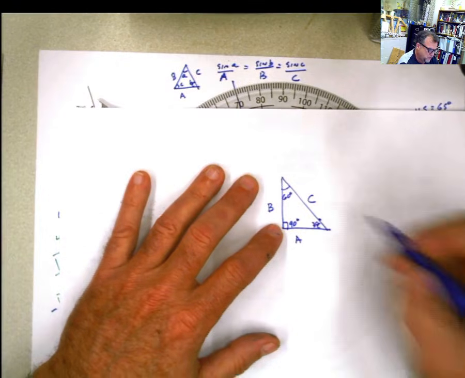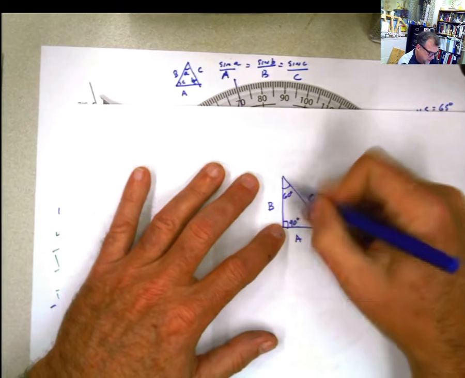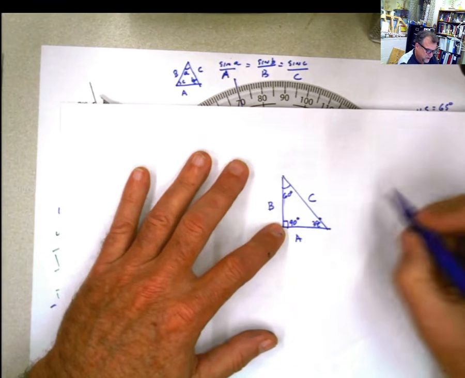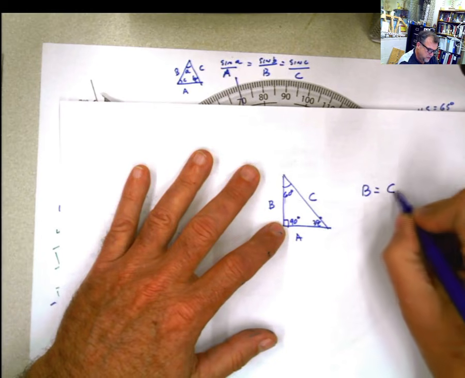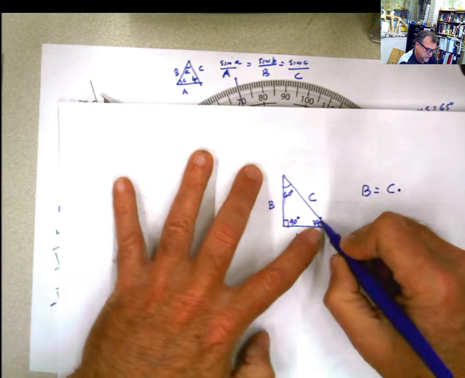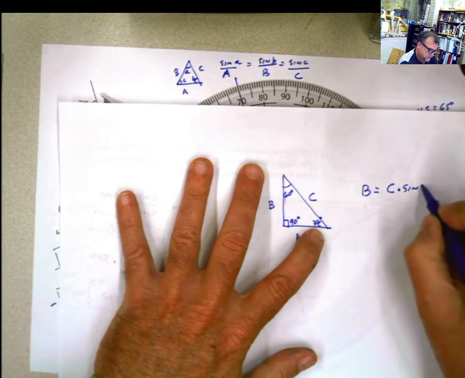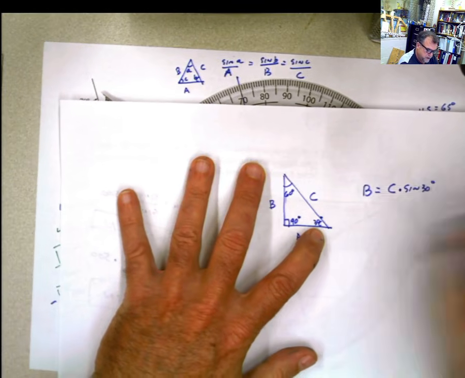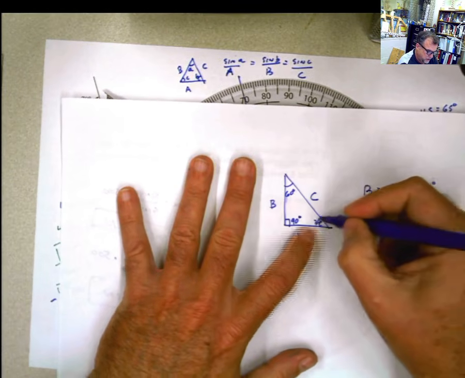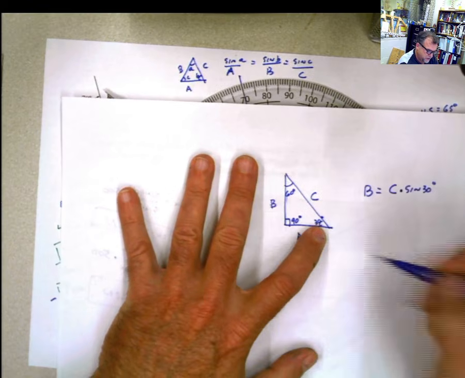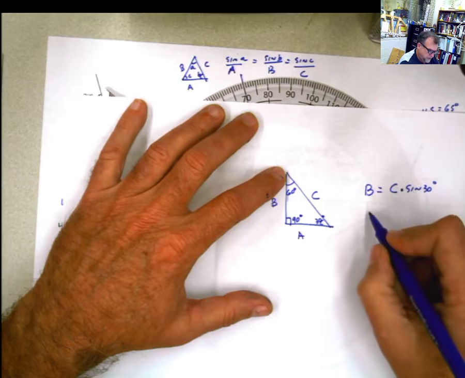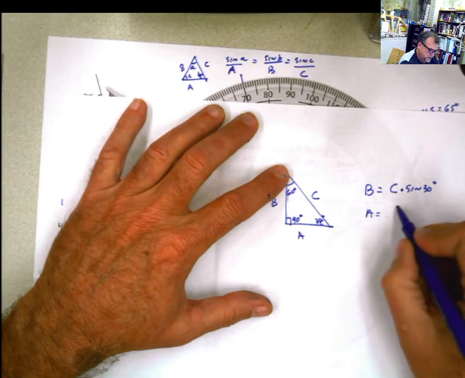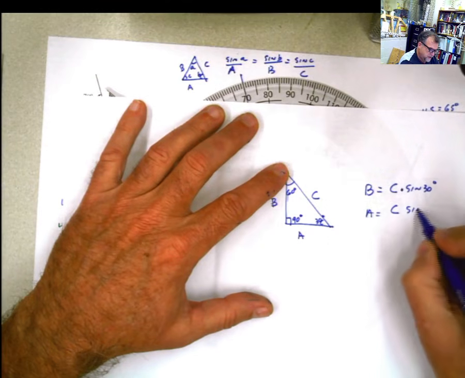So if you want to calculate this side B, B is equal to C multiplied by sine of 30, because it's the opposite. If you want to calculate this side, you can do the same thing: A is equal to C multiplied by sine 60.